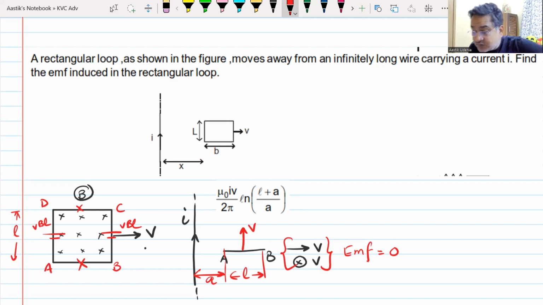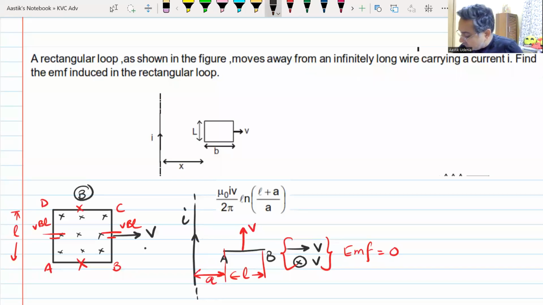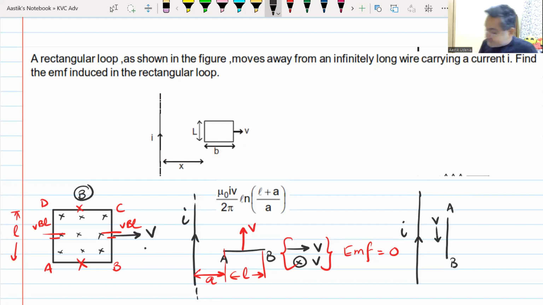I'll give you 2 minutes to note this down. Now let me change this question and let me make the current carrying wire like this, and let me put this wire like this, AB. If I move the wire like this with a velocity V, what will be the induced EMF across this end?